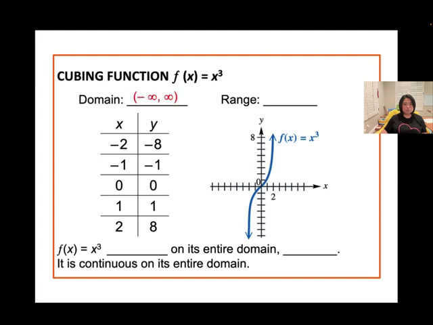Okay, domain, that would be from negative infinity to positive infinity. Range, same idea. And then the curve is going up, keeps going up, right? So it's going to be increasing. Same idea, on the entire domain from negative infinity to positive infinity.